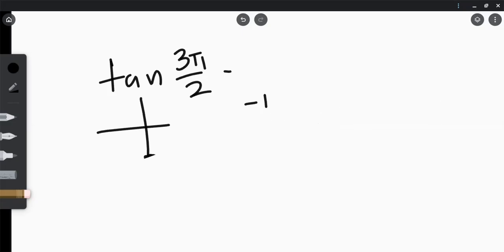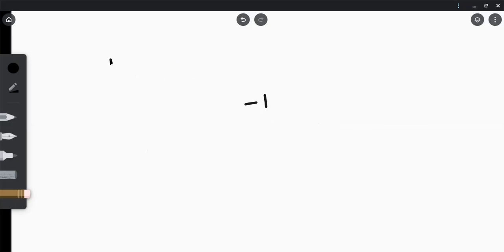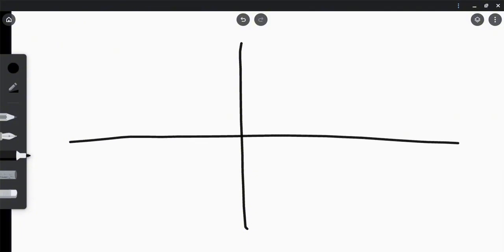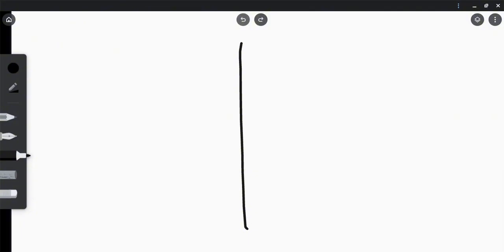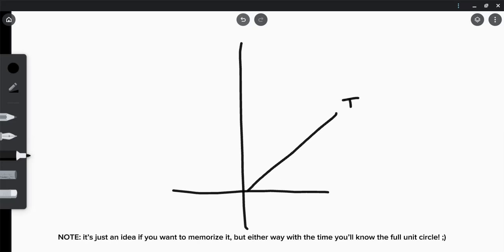So now moving on. Something that is really helpful is to also memorize the coordinates of the unit circle. So for the last thing on this video, we are going to understand the coordinates. You probably see this as complicated because you don't know how to memorize it.